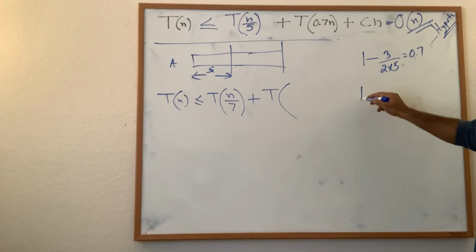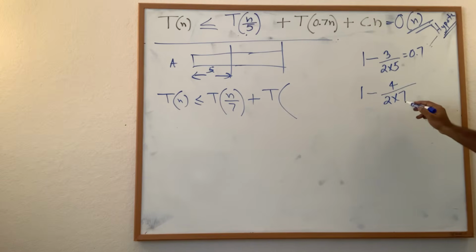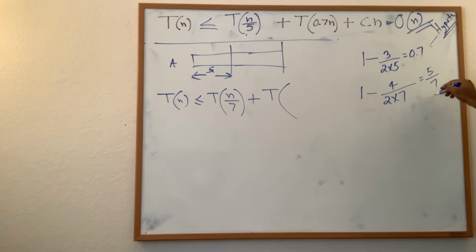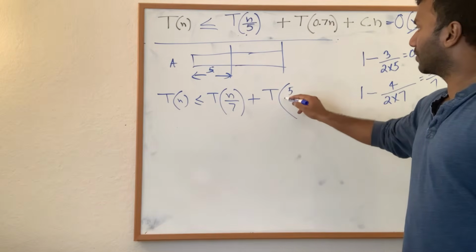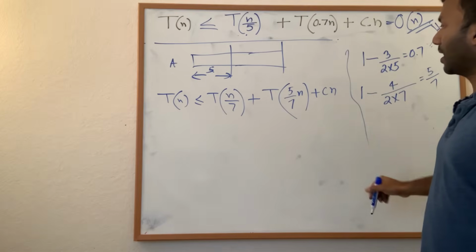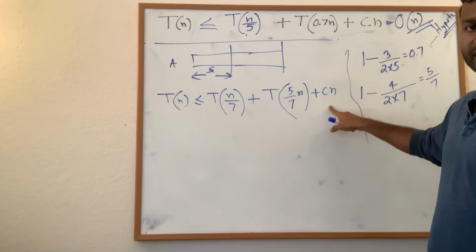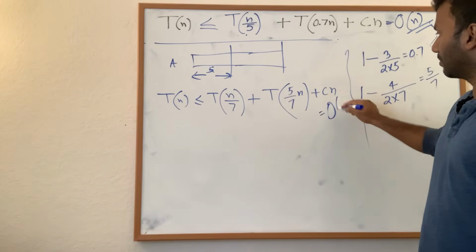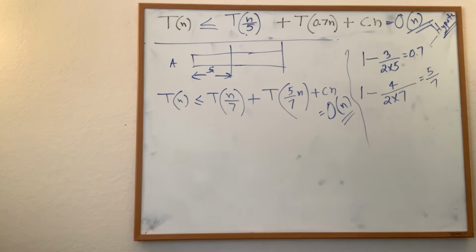Now if you use 7, this will become 1 minus 4 divided by 2 into 7. This will be 2 by 7, that is 5 by 7. So 5 divided by 7, n plus Cn. And if you expand this and solve for this, you will again get big O of n.